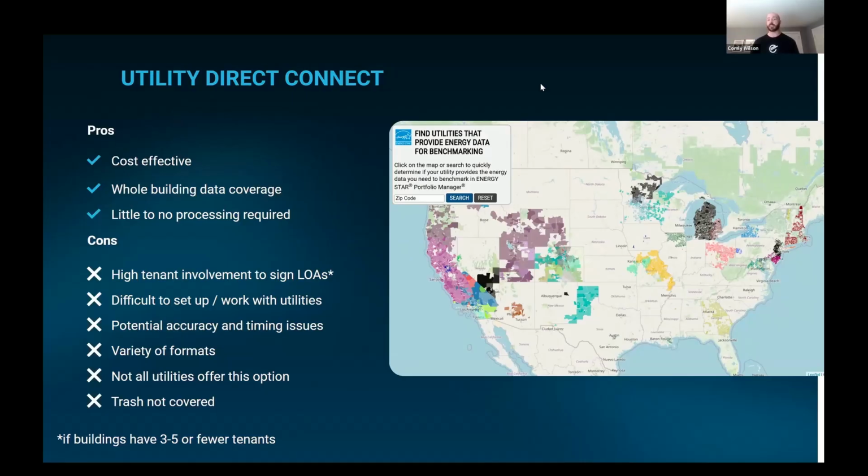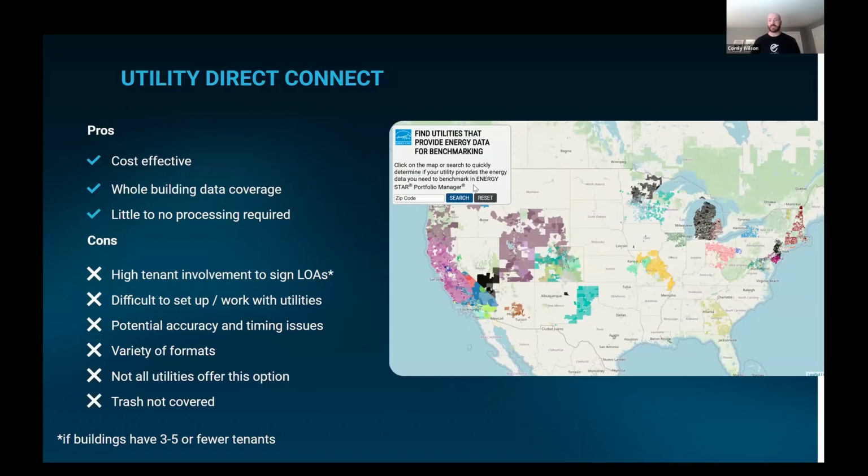Some will push it directly to Energy Star, which is nice, unless Energy Star goes away. And others will be in XML files. There's just a huge variation. So while there's no processing needed of the data, it can be difficult to wrangle all these different types of data across the portfolio.